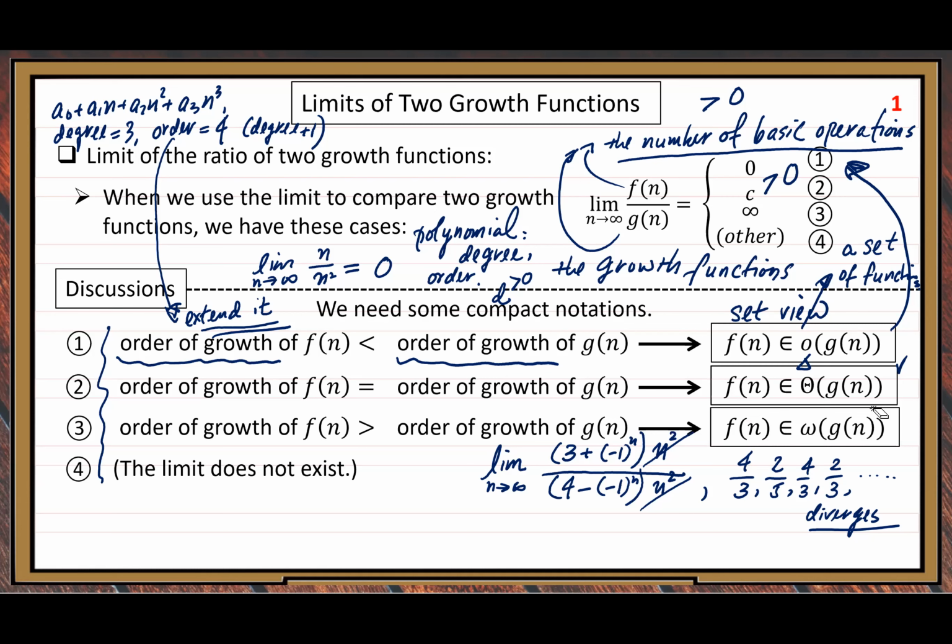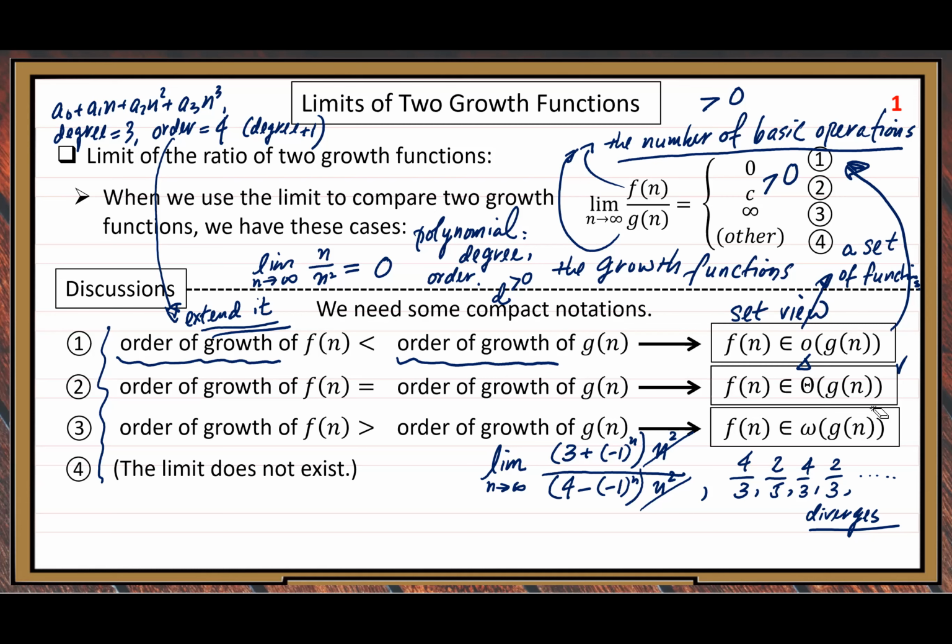These three notations, little o, big theta, little omega, we call asymptotic notations, a compact way to represent the relationship between two growth functions.